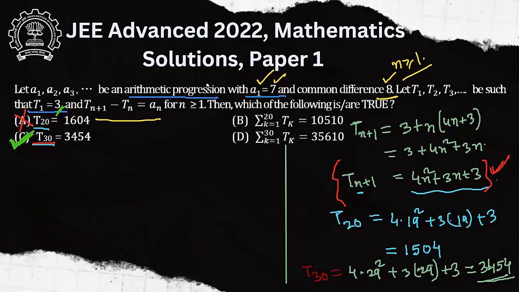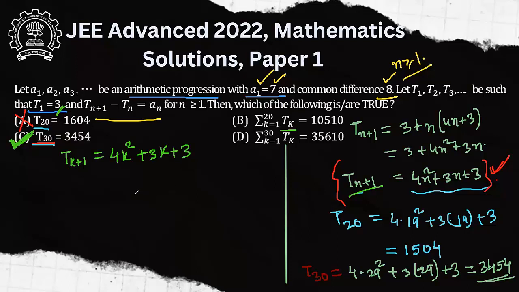So next I'll check the summation of the sequence T. Here I have summation of Tk, and we have the expression for Tn plus 1. So I can say Tk plus 1 is equal to 4k square plus 3k plus 3.